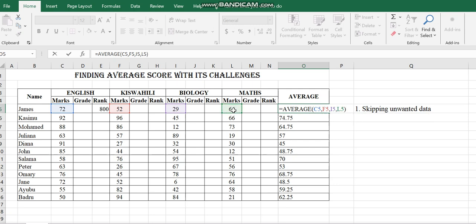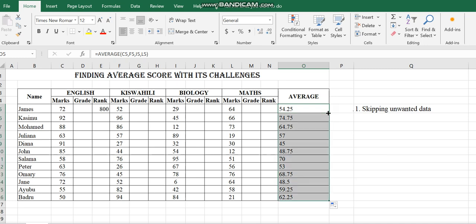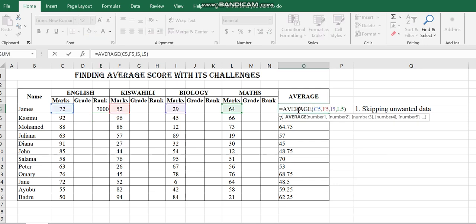You close the bracket, you press enter, that will be okay. So even if you add here 700,000, this won't be added in the average, because if you click here and see, only the required numbers have been entered by skipping.